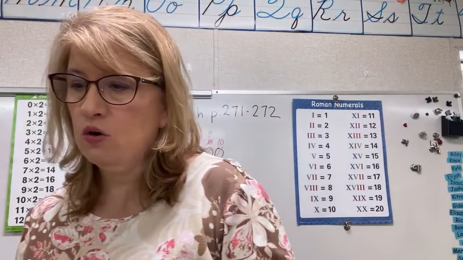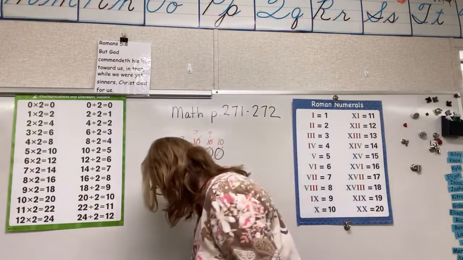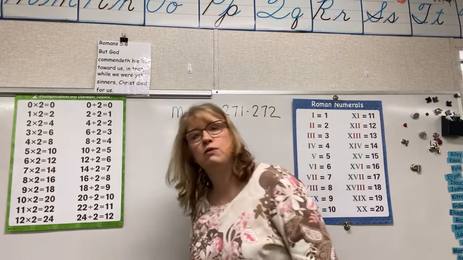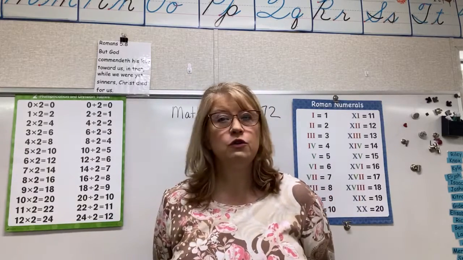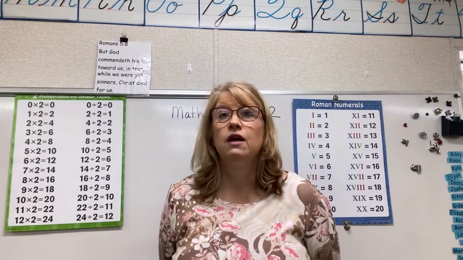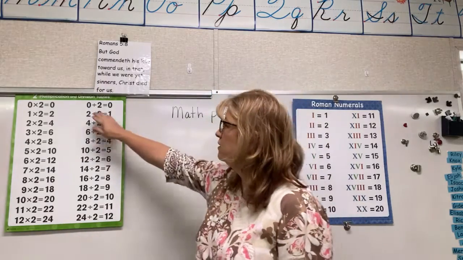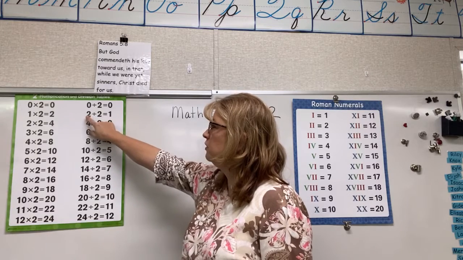Now, we are going to go over dividing by 2's. We've already talked about multiplying by 2's in class while we were at school. Multiplying by 2's, all you're doing is doubling. Dividing by 2's, all you're doing is taking half. Let's look at 2 divided by 2.